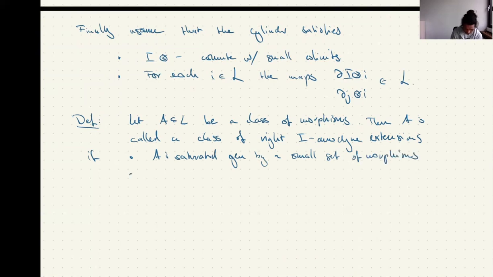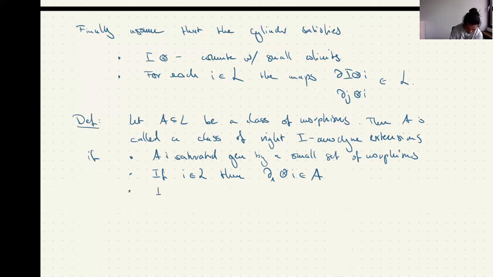And then the second condition is if we are given a morphism in the left class, then we want one of the push-out products to preserve morphisms in this left class. Oh no, sorry. If we are given a morphism in the left class and we apply this push-out product to it, then we want it to be a right anodyne extension.